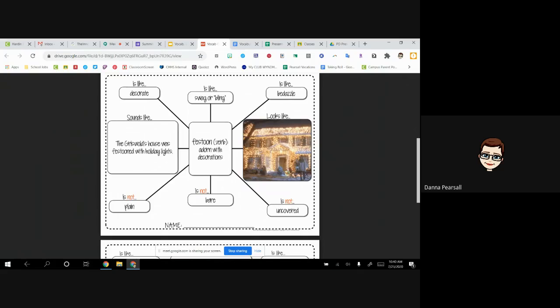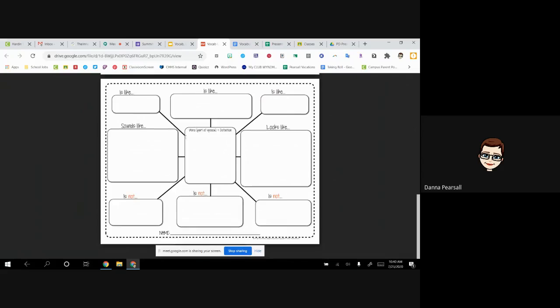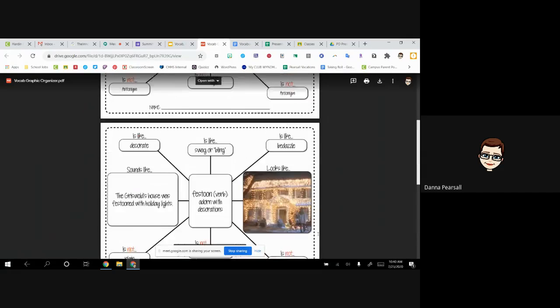I probably would not put the part of speech. I might ask them to do it. So down here, I would just put the word, and then they would have to do the rest. Sometimes I would ask the part of speech, sometimes not, just depending. But the definition, and then they would have to provide the other information.